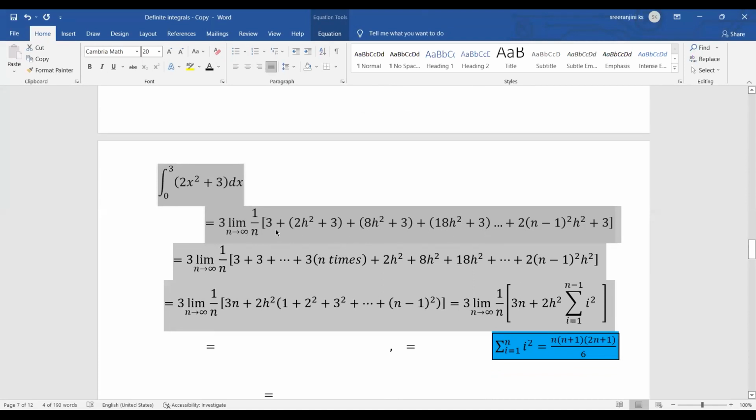As in the previous cases, we can collect the common terms. In each and every term, 3 is present. Then 3 plus 3, n times. What remains is 2h square plus 8h square plus 18h square plus etc. plus 2 into n minus 1 the whole square h square.